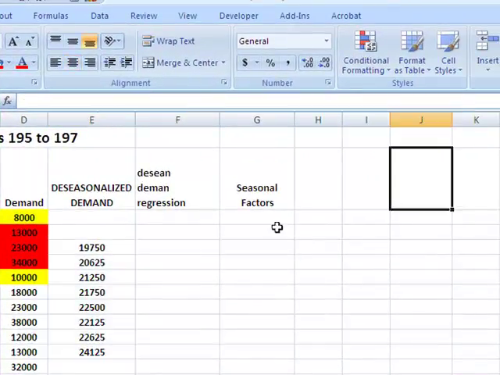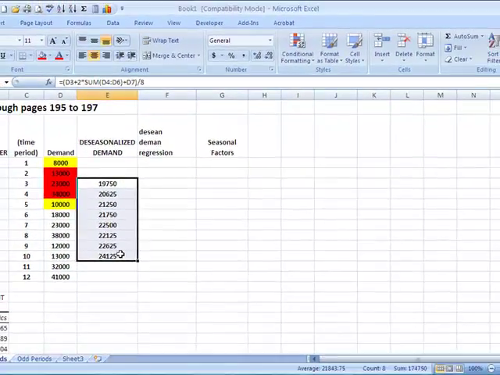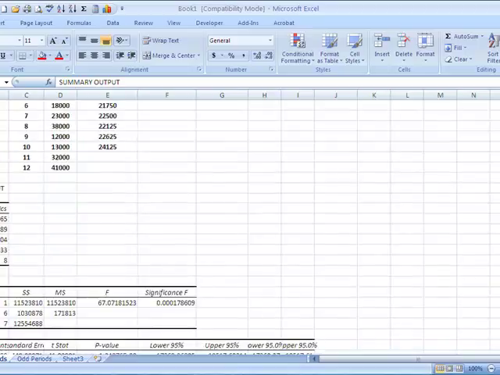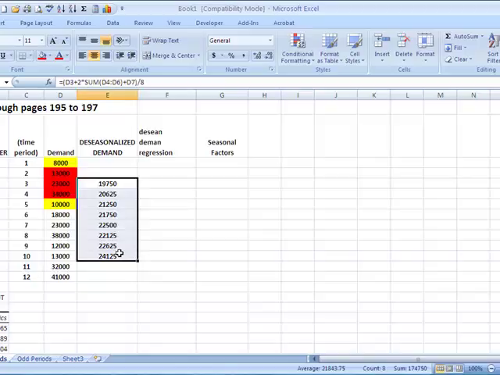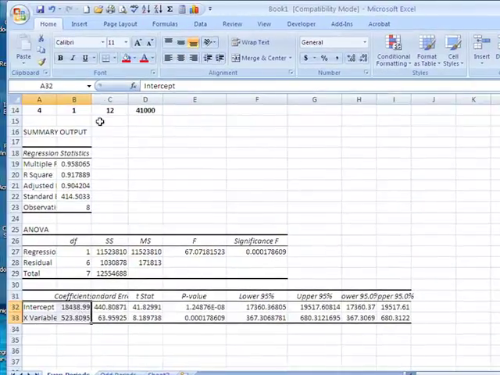Now, according to your book, you use this deseasonalized demand that you've calculated, that array, as Y range, and you use the matching corresponding T values under time period as X range, and you run regression analysis with it. So I have done that. I have run regression analysis using the time periods 3 through 10 as X, and I have used the deseasonalized demand 3 through 10 as Y variable range, and I came up with this regression equation right here.